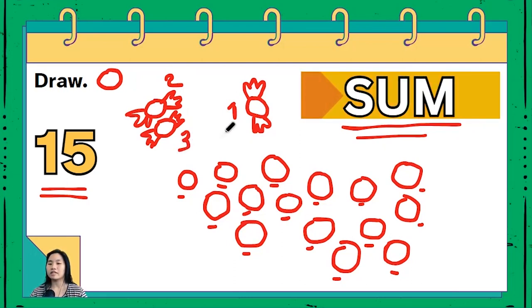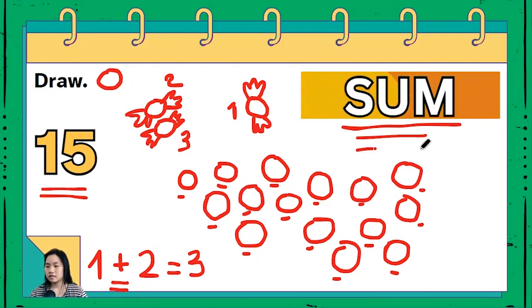So the sum of the candies are 3. Okay, or you can write it as 1 plus 2 equals 3. Plus over here is the symbol for adding or sum.